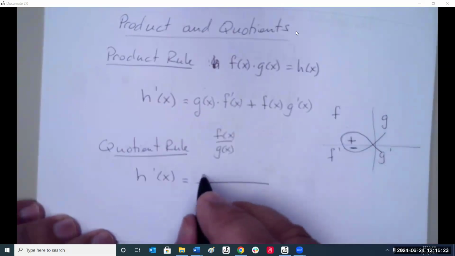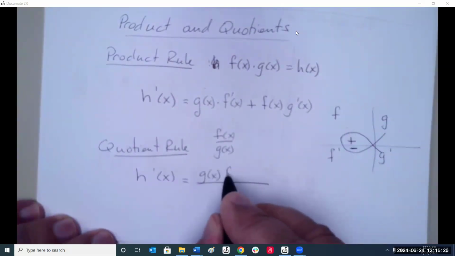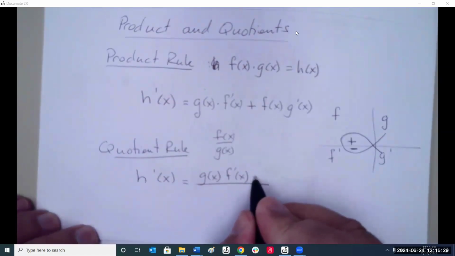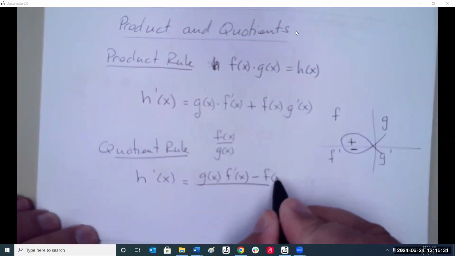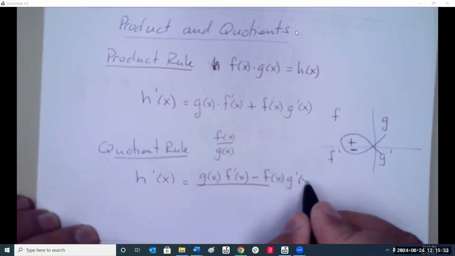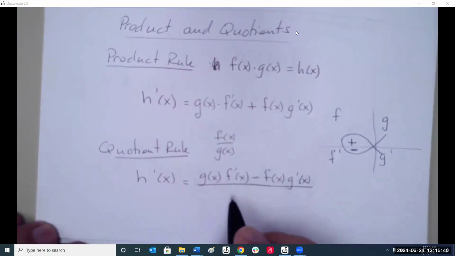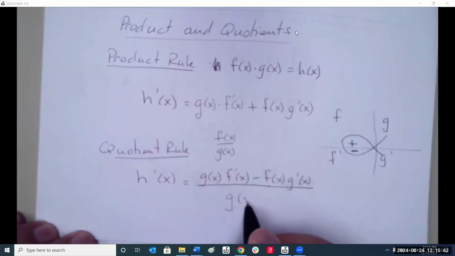So it's g of x times f prime of x minus f of x times g prime of x, divided by the square of your denominator.